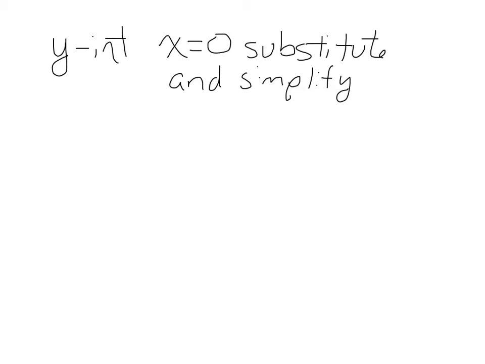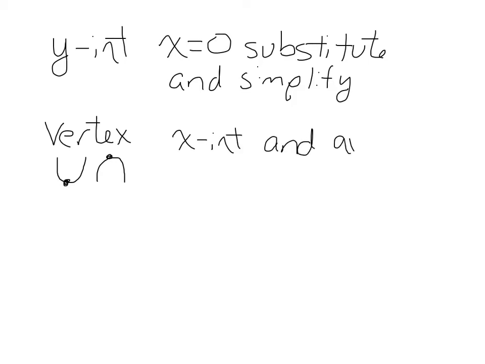You will also need to find the vertex. Since this is a quadratic, the graph should look like a U. So the vertex is your minimum or your maximum, depending upon which way it opens. To find that, you will take your x-intercepts and average them.